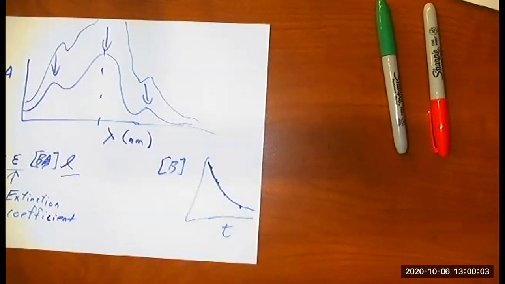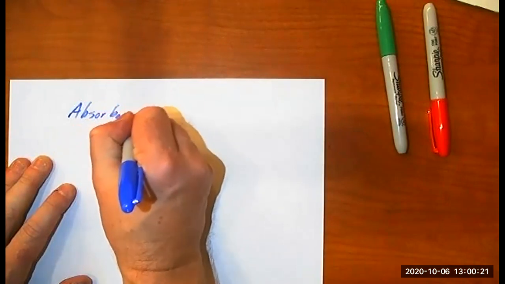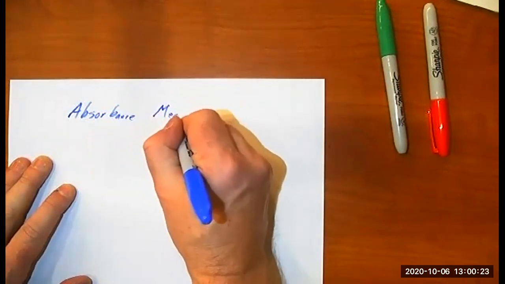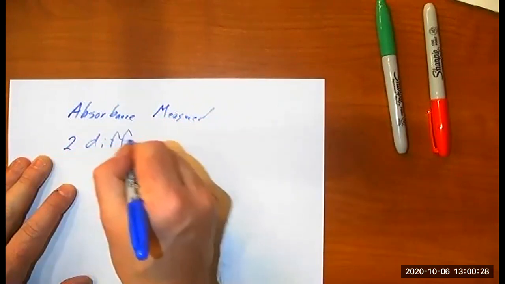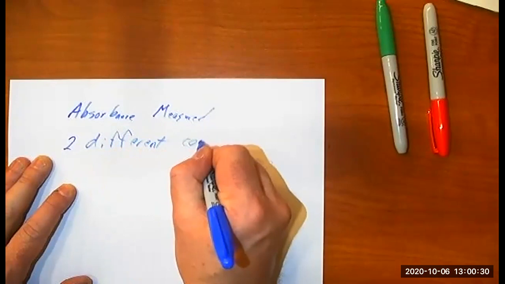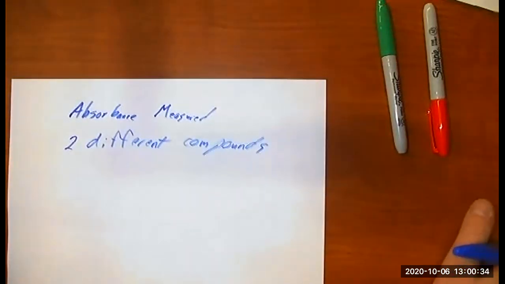Yeah. I have an example problem on these. We're going to work out an example problem. Sure, happy to. So let me get a fresh sheet of paper and hit me with it. It has to do with the absorbance measures. There's like two different compounds and one was added to it. Okay. And how would you set those up?